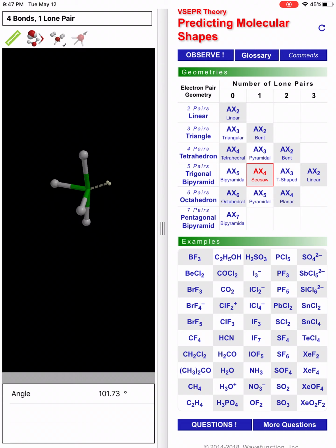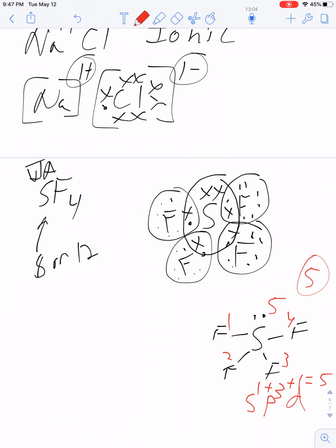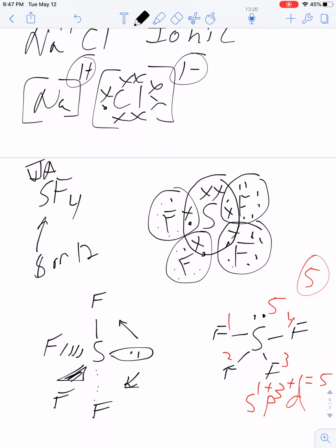So we have to draw this in 3 dimensions. And you'll notice how the top and the bottom are slightly bent, and those angles are slightly bent. So if I were to draw this out, my sulfur, I got 1 fluorine above, 1 fluorine below, 1 fluorine over here, and 1 fluorine over there. Now my lone pair of electrons is here. That pushes everything closer together.